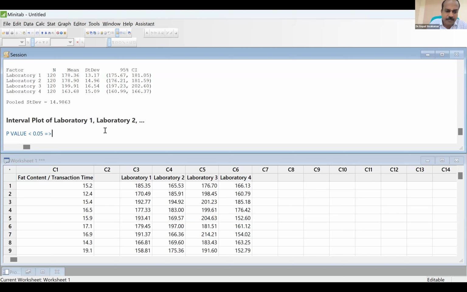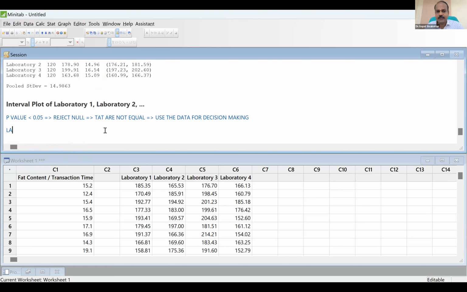And so what is our procedure? We reject the null. Reject the null means, what does it mean? They are not equal, isn't it? That means use the data for decision making.